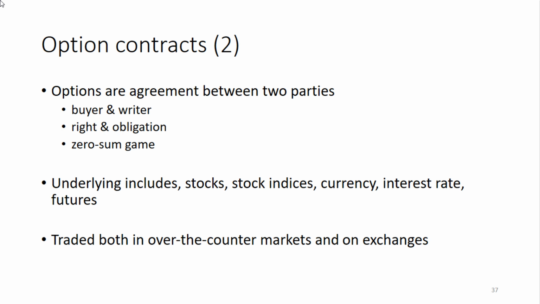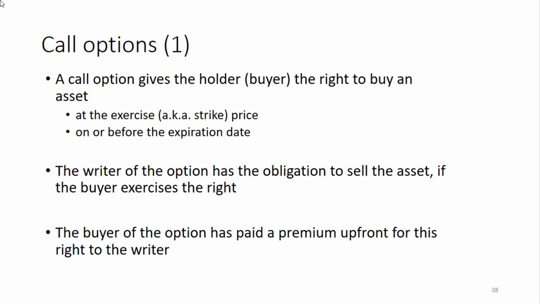And options have many different underlying securities. Most common is stock, but could also be stock indices, currency, interest rates, futures, and so on. So basically with derivative securities and with options, many derivative securities are possible. Options are traded both over the counter and on exchanges.